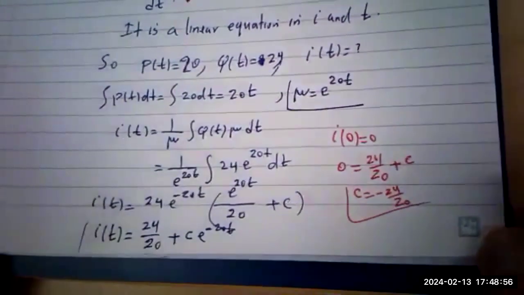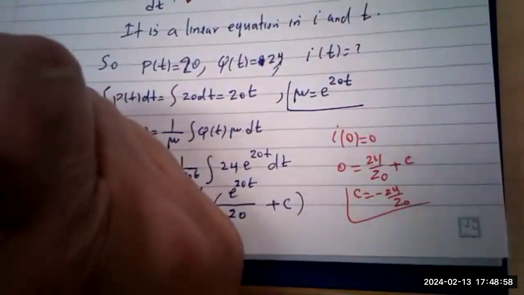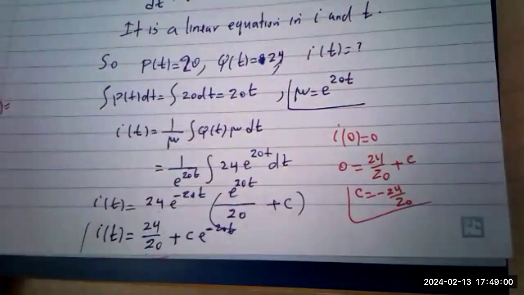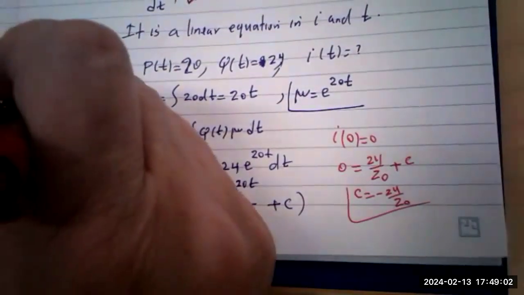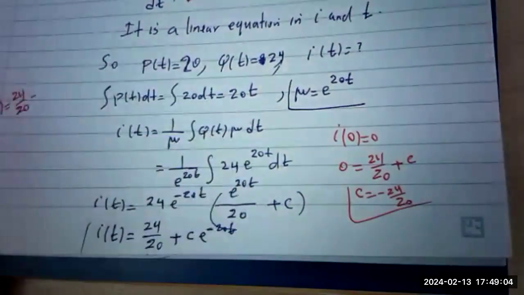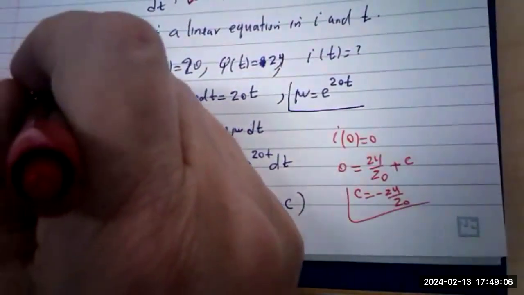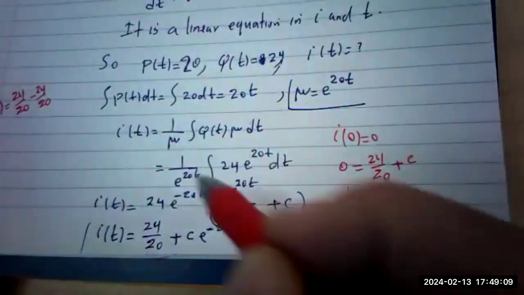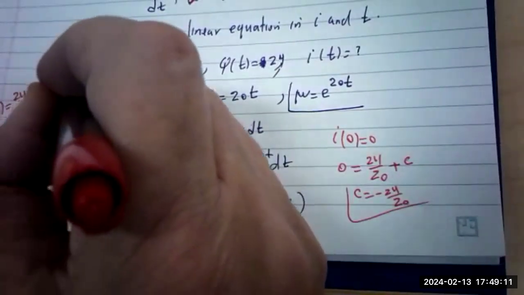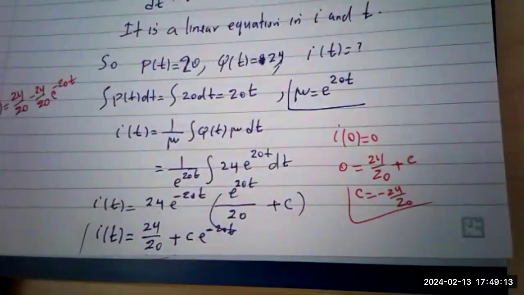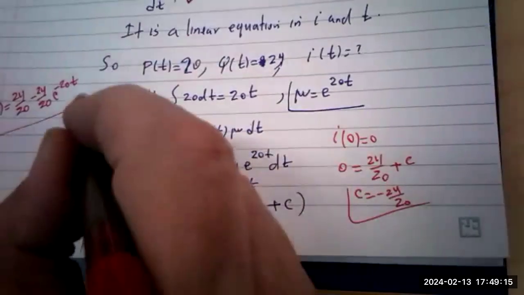Okay, so I put it here. Final answer: I of t is going to be equal to 24 over 20 minus 24 over 20 times e to the negative 20t. You can factor it out or just write it down.